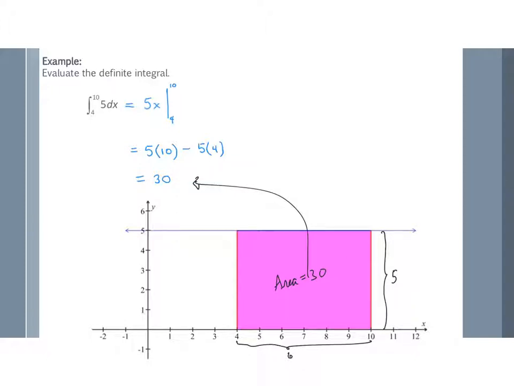The benefit of the method that we just went over at the beginning is that I don't have to graph anything. Now, that's not to say that evaluating a definite integral is always easy, but typically it is easier than graphing the function.